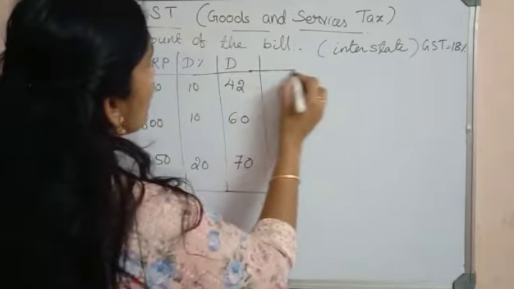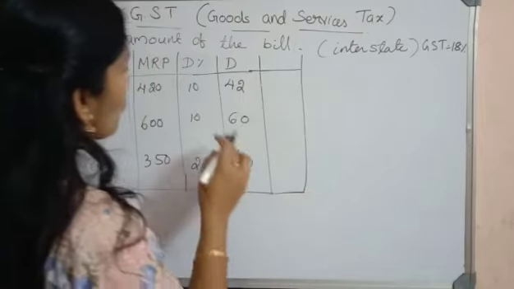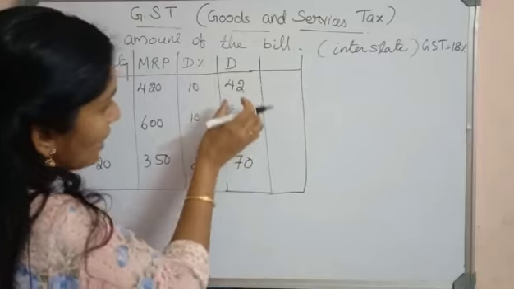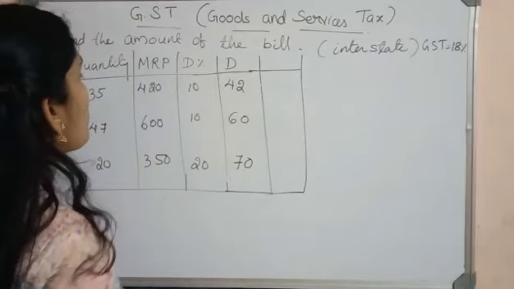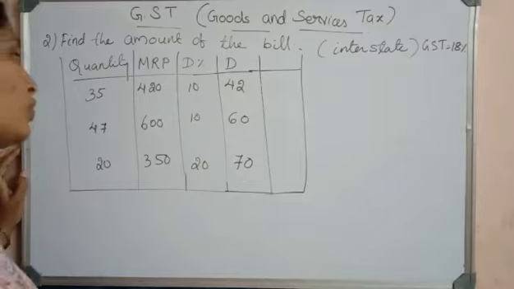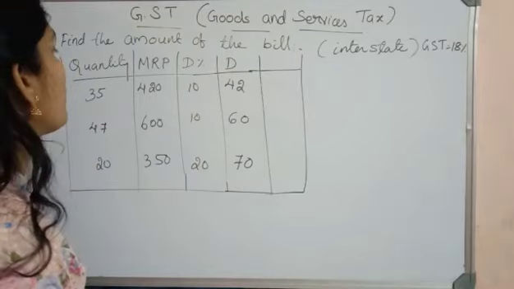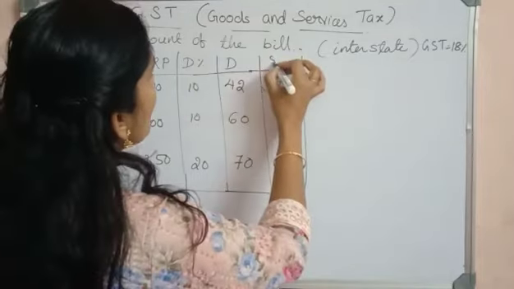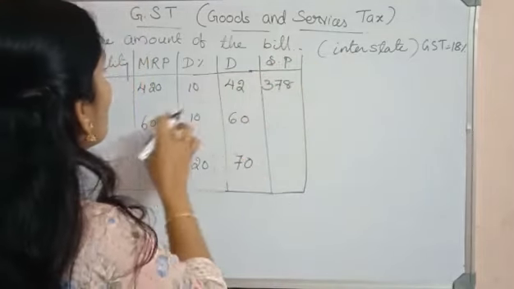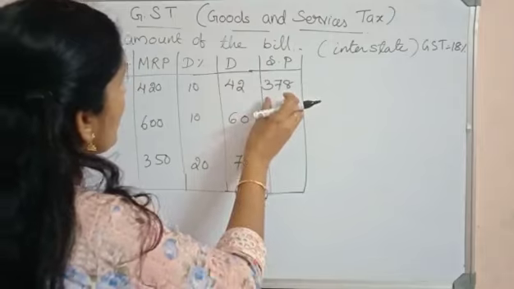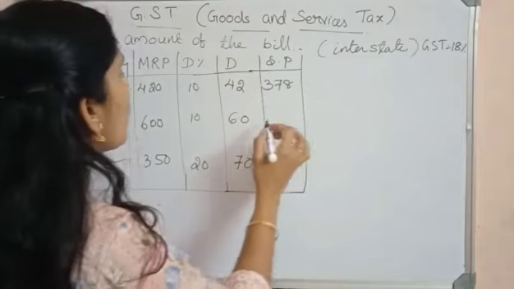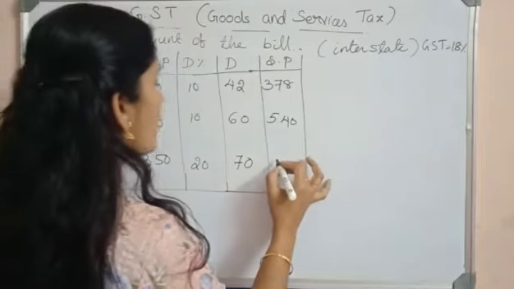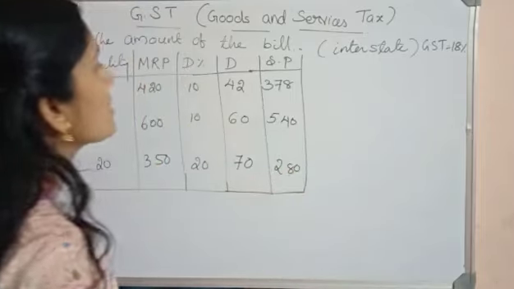Now we need to calculate the selling price of each object. The selling price can be calculated by subtracting the discount from the marked price. When you subtract 42 from 420, it is 378. This is the selling price or the discounted price. The first object is 378, the second one is 540, and the third one is 280. These are the selling prices.